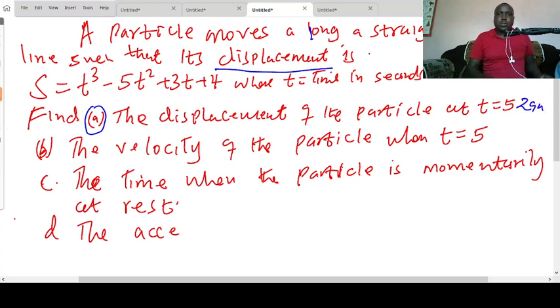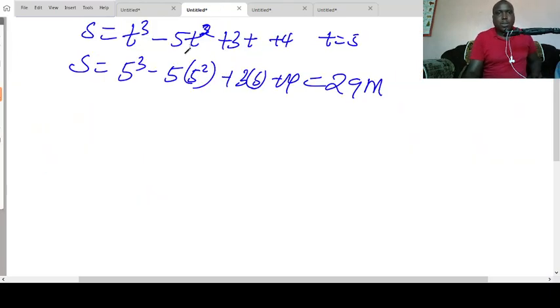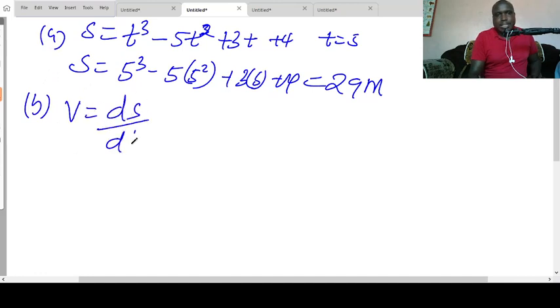Find the velocity of the particle when time is equal to 5. To get the velocity, I have said you differentiate displacement. That is S. So next, that is A, we have finished B. Velocity is equal to ds over dt. So that will be 3t square minus 10t plus 3.